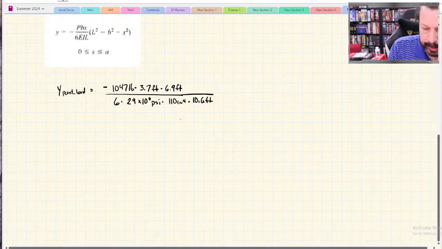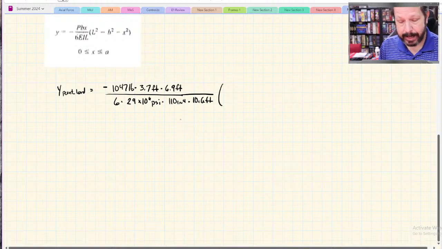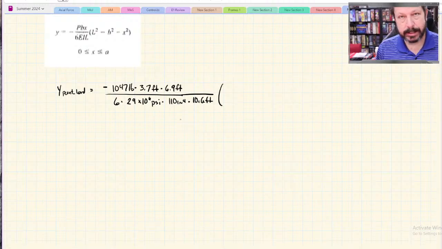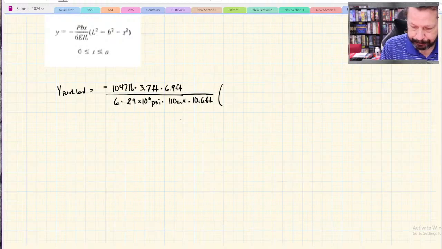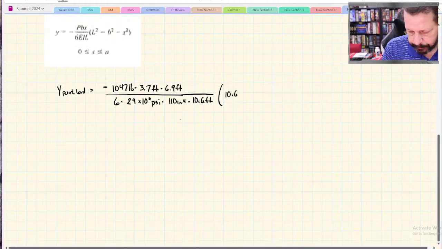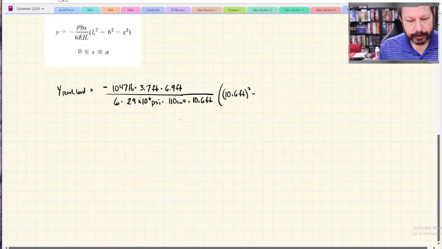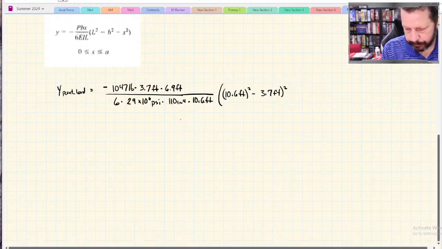Now MathCAD will handle these units without any trouble, but if you're doing it by hand, I've got feet and inches all mixed together in here, so you do have to be careful with that. B is the shorter distance, that's the 3.7. Minus X is the weird one in this case.